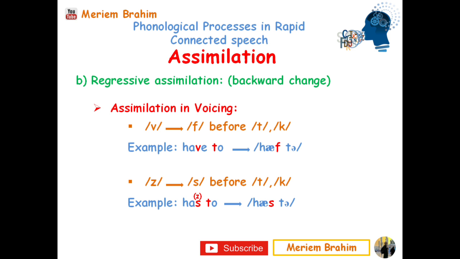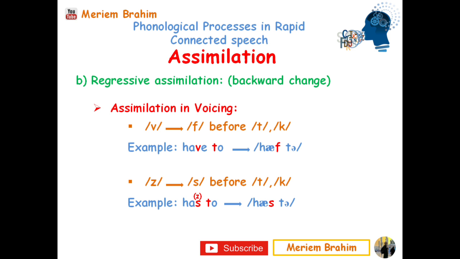And the change will occur in the first consonant, which is v, which will become f, because of the next consonant or the second consonant, which is t. That's why we call it backward. The cause is the second, which is t. And the change is backward or regressive. The change is in the consonant before it. So, have to becomes have to.